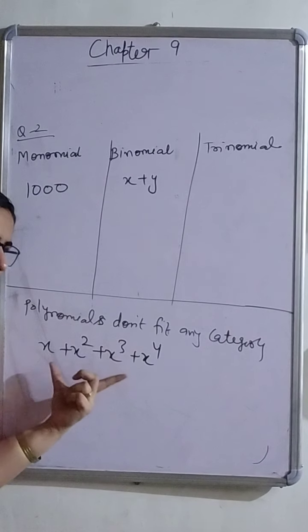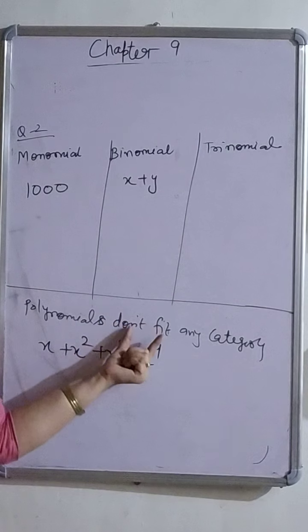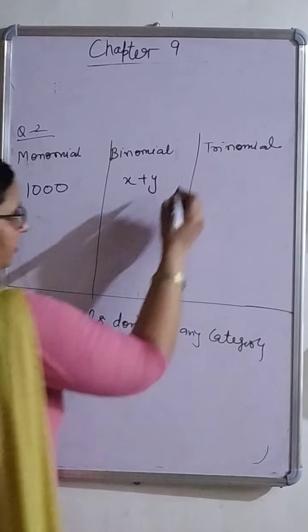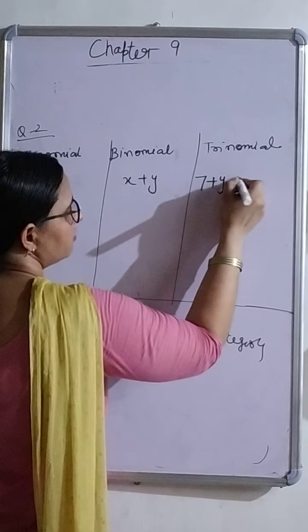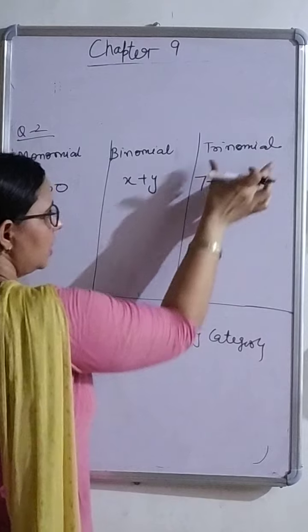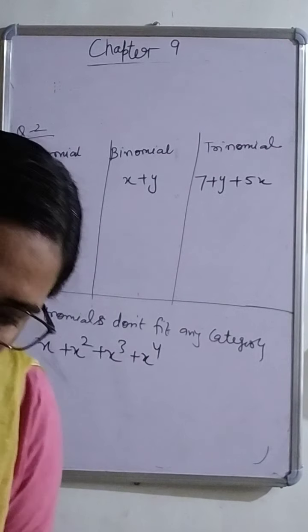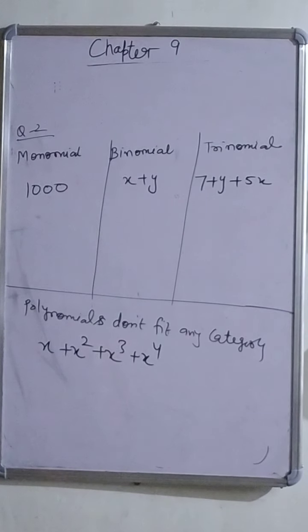So you will write under this column, this polynomial doesn't fit any category. Next is given 7 plus y plus 5x. 3 terms, so it is a trinomial. Similarly, you can complete this question. Okay, take care.